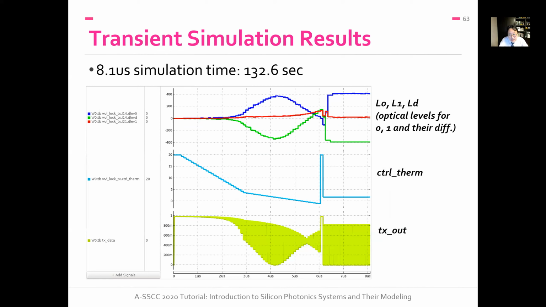Here's a simulation waveform that basically explains the operation of this thermal tuner. At the first phase, it will just sweep through different temperature settings, from here to around 6 microseconds, while feeding the training pattern. During that period, you're changing the temperature and seeing how much separation you get between the 1 level and 0 level.